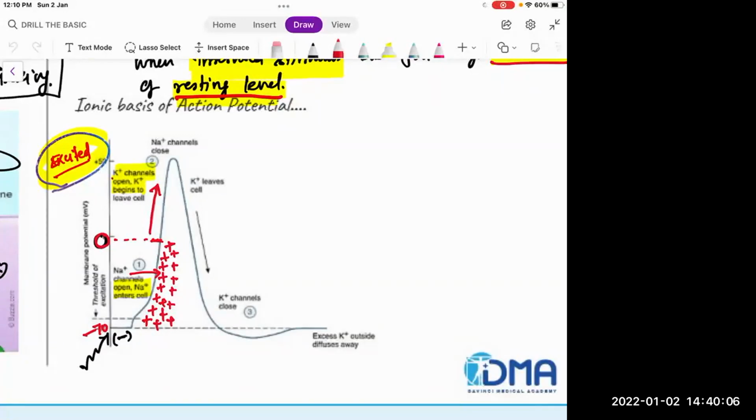Now it gets the help from the potassium ion also, which is another positive ion. The opening of the potassium channel is electrical gradient dependent. Because of this positivity inside from the sodium ion, it gets the help from potassium also. Potassium now gets the signal from the electrical gradient. The opening of the potassium channel occurs and the potassium ion also enters, so there will be a faster excitation process. How long?